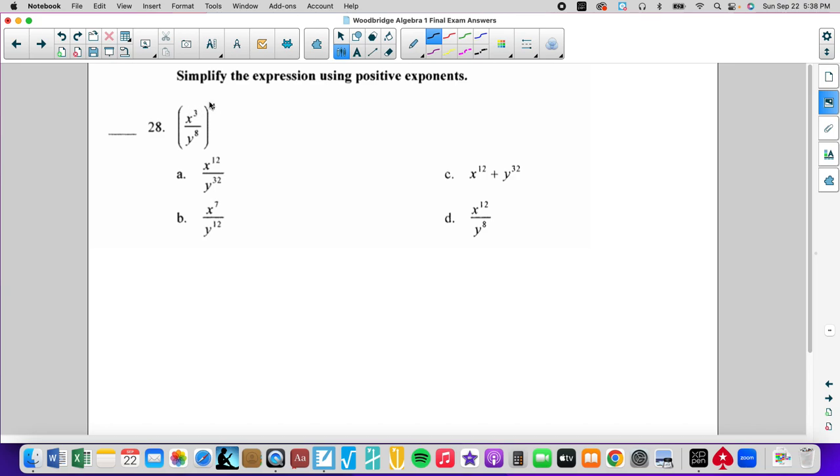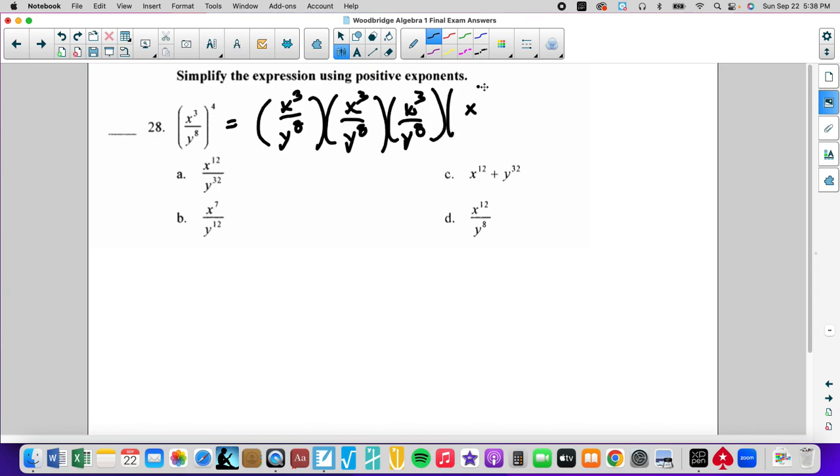So this is a power of a power. Technically, we have x to the 3rd times y to the 8th, times x to the 3rd times y to the 8th, times x to the 3rd times y to the 8th, times x to the 3rd times y to the 8th. We have 4 of these. That's why that's the power.